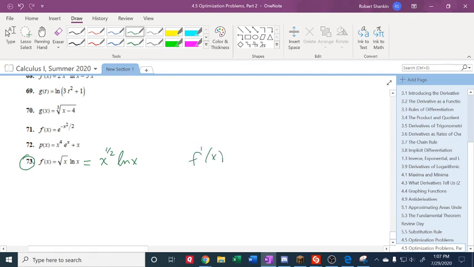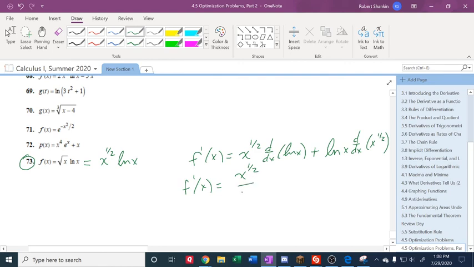This first times the derivative of the second plus the second times the derivative of the first. Now, this derivative of ln x is 1 over x.